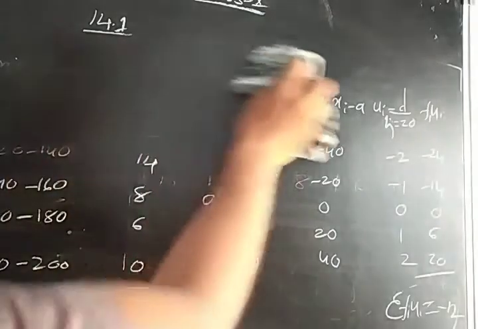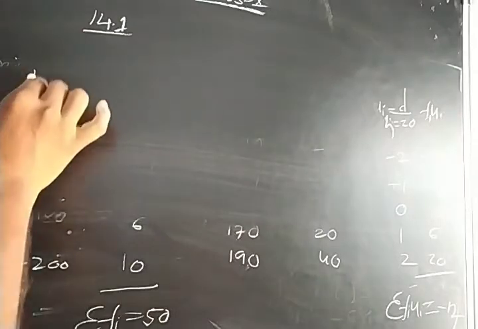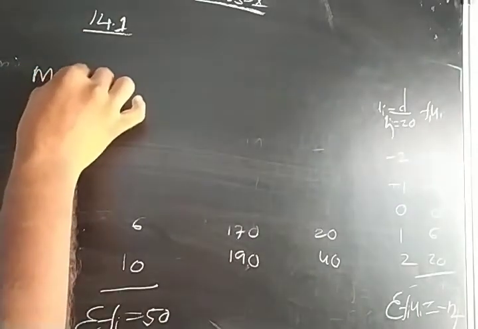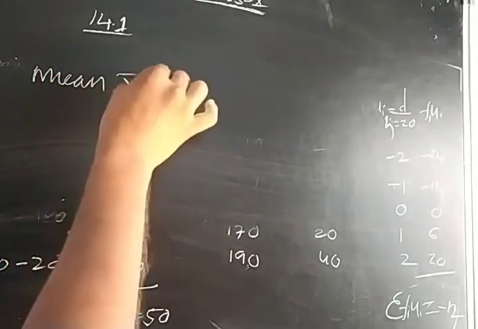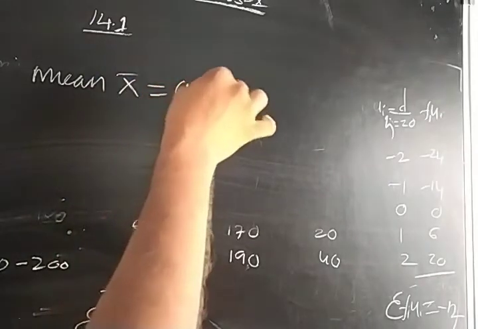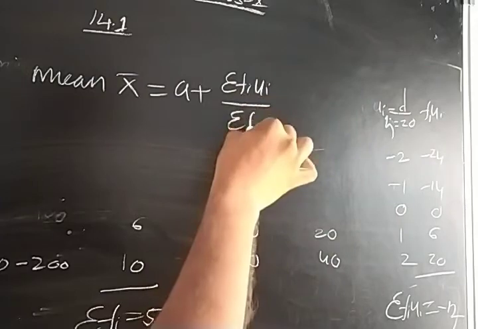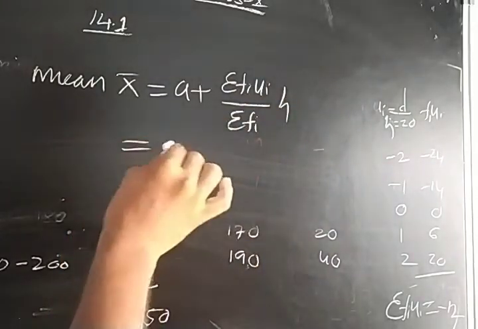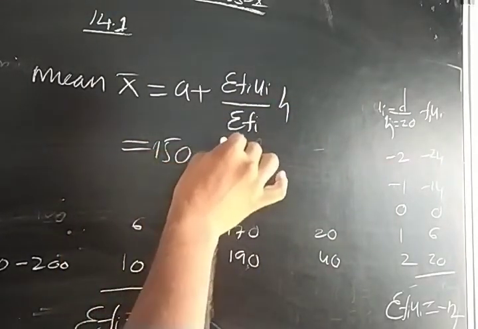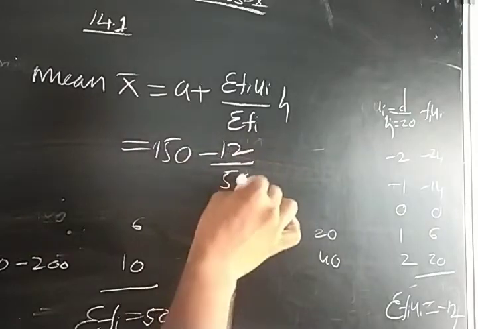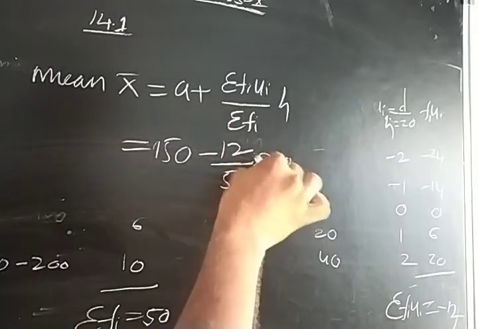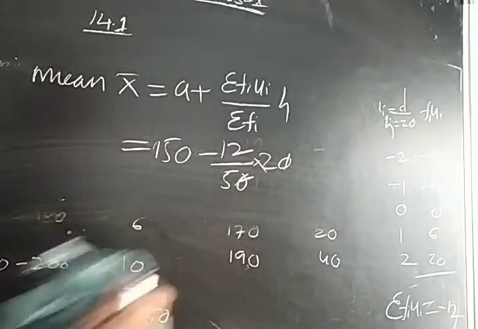I got Fi, Ui, summation Fi Ui and summation Fi. Now I am going to find the mean of the wages. Mean is denoted by x bar. X bar equals A plus summation Fi Ui by summation Fi, into h. A value is 150. Summation Fi Ui is minus 12, summation Fi is 50, and h is 20. The zeros cancel.